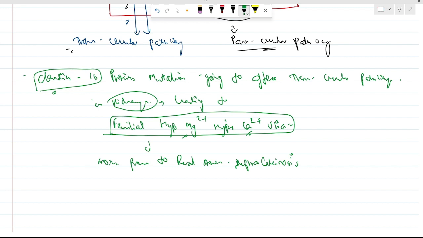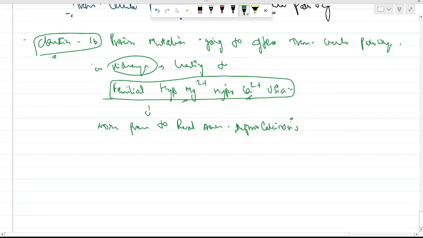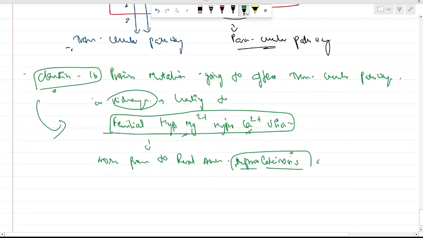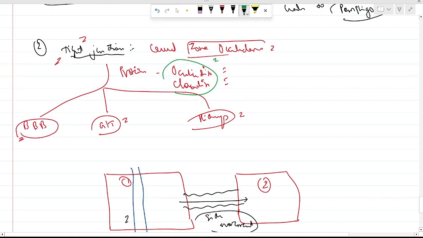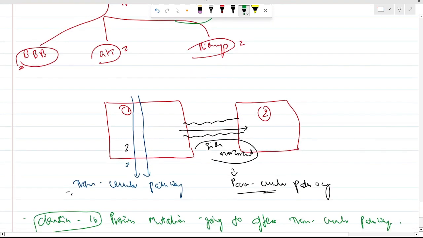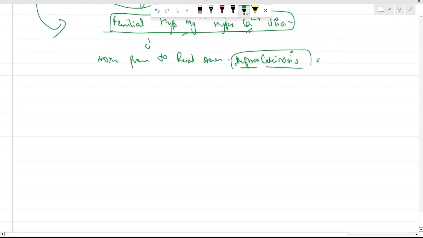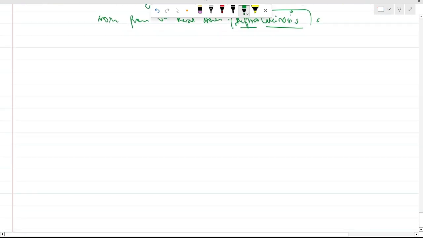So the kidneys are more susceptible to stones, so nephrocalcinosis. This we have to remember. Claudin 16 protein mutation leads to familial hypomagnesemia, hypercalciuria. So we have discussed the tight junction, and how claudin 16 protein mutation leads to nephrocalcinosis.